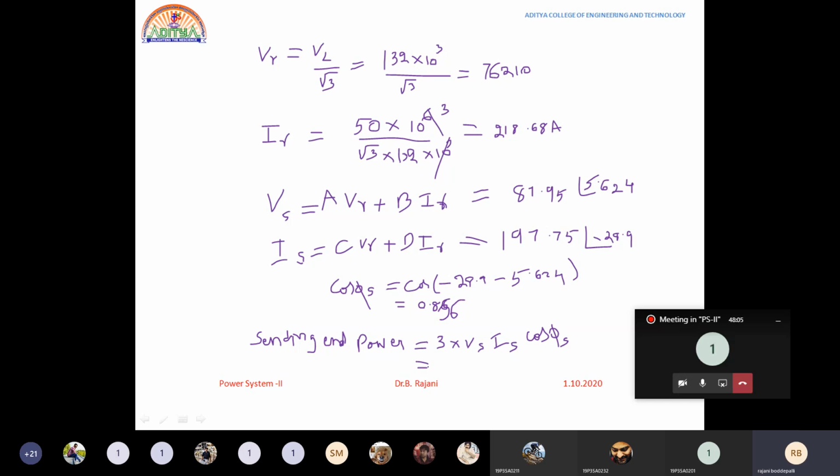All these values we know: 3 into Vs value, which is 87.95. What is the Is value we are having?